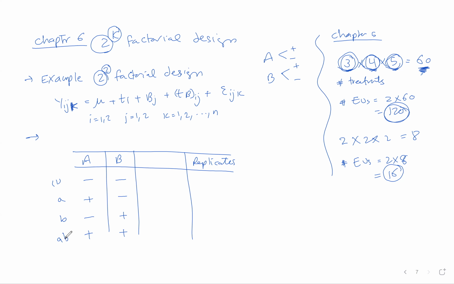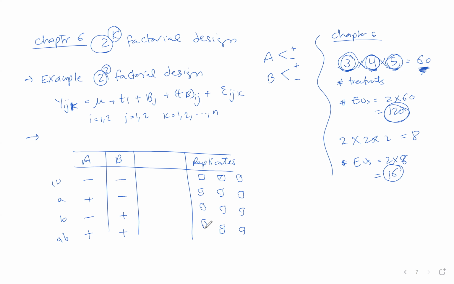You can call them T1, T2, T3, T4, but we use this notation. If you have only one value for each treatment, there is no replication. This is a problem. We will talk about this one in a few minutes. But if you test each treatment more than one time, so you have many values for each treatment, it means you have replication.